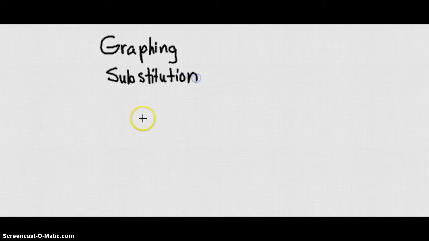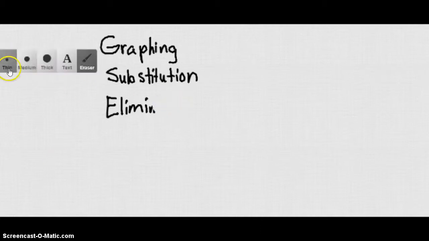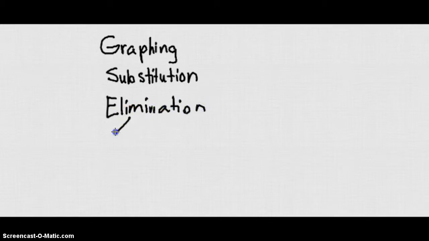And we have used elimination in really three different ways: elimination by adding, elimination by subtracting, and elimination by multiplication.